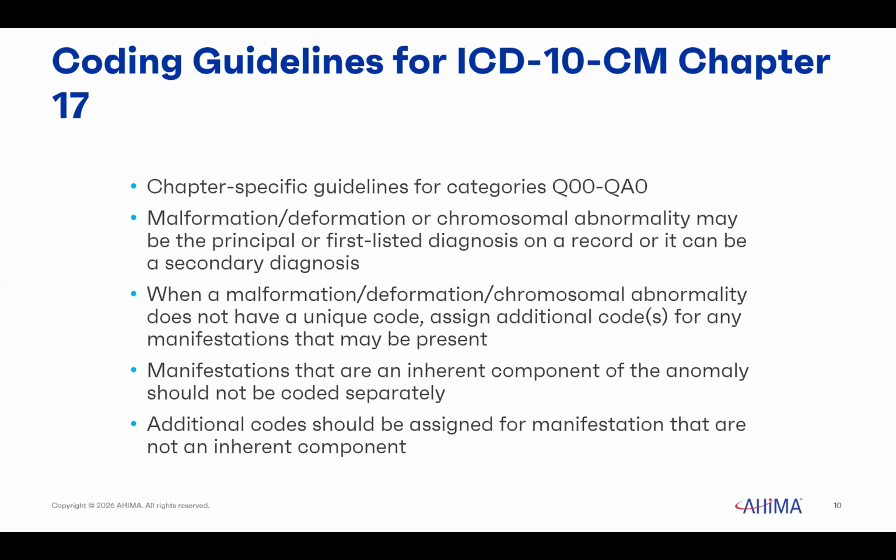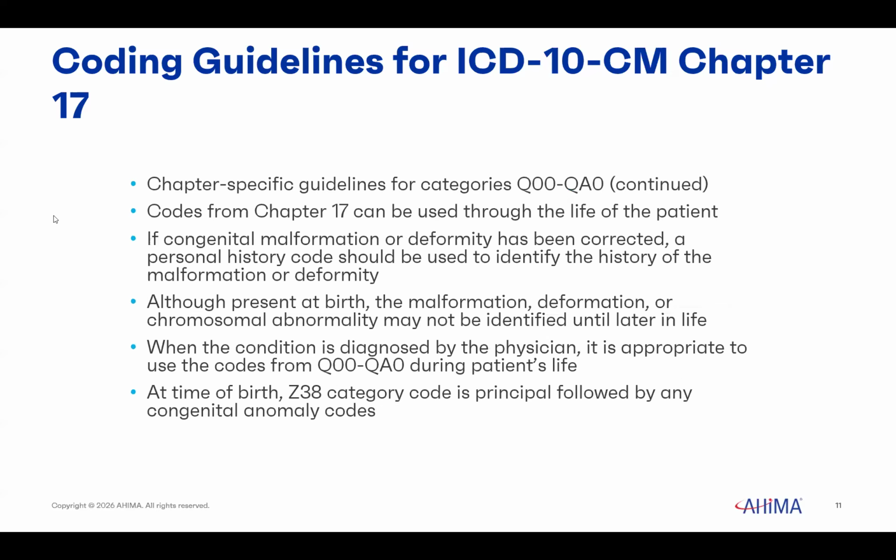And then finally, as we've talked about before, you can only be a newborn once. If you're a newborn, you get the Z38 category code for the newborn status if it's at the birth hospital.